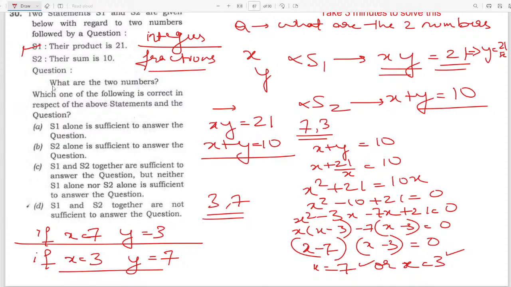The question asks what are the two numbers. So from both these statements together, you can clearly say the answer is 3 and 7. So option C: S1 and S2 together are sufficient to answer the question, but neither alone is sufficient.